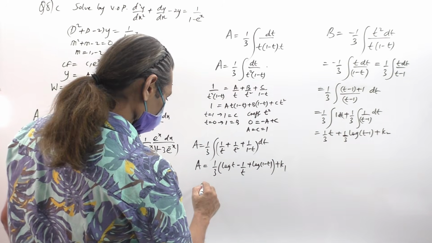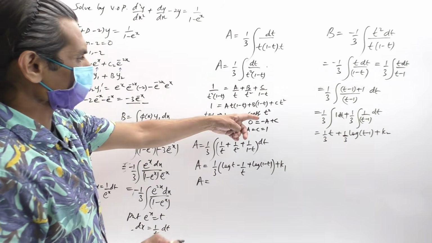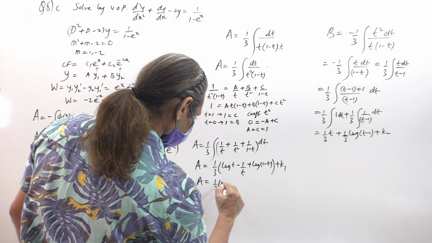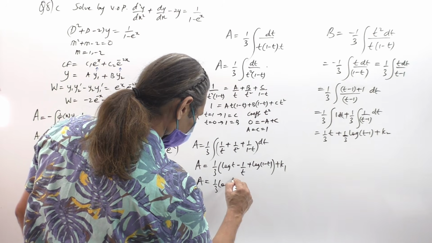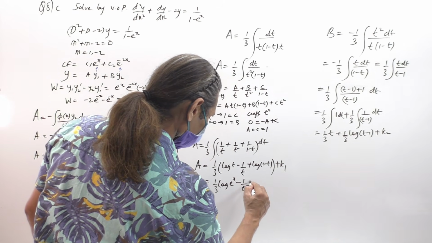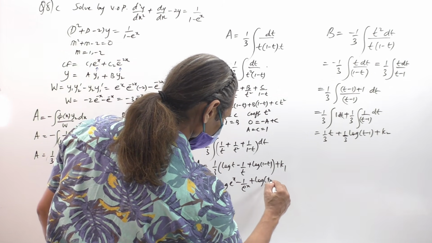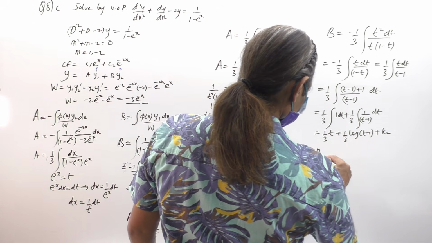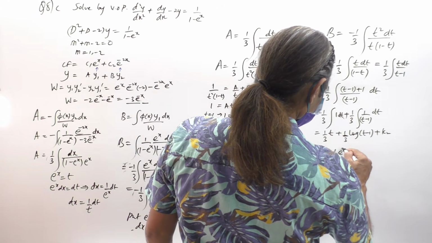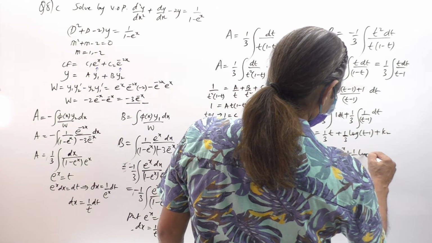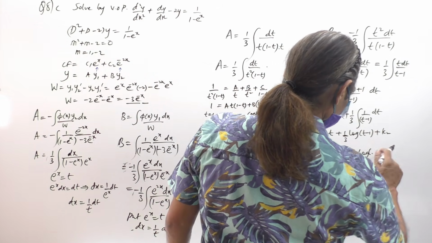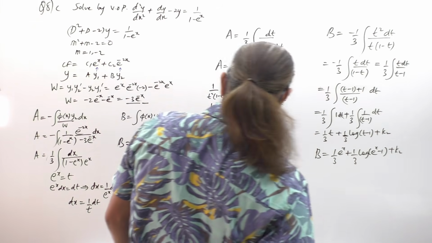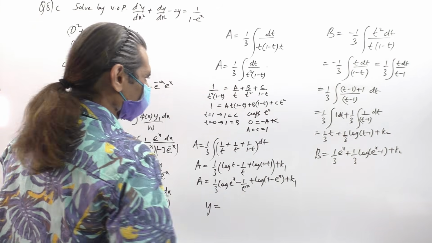So here a's solution is, because t is nothing but e raised to x, 1 by 3 log of e raised to x minus 1 by e raised to x plus log of 1 minus e raised to x plus k1, and b will be 1 by 3 e raised to x plus 1 by 3 log of e raised to x minus 1 plus k2.